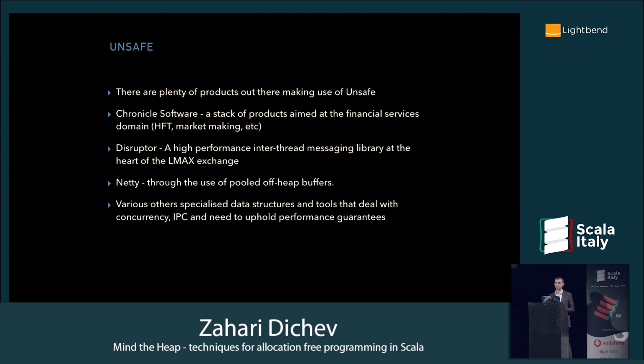So you have a lot of these products making use of that kind of off-heap magic. But again, this can lead to quite a bit of problems if you try to roll your own, because it's really hard to get right, and most of the time it's always better to rely on third-party things that are extensively tested.